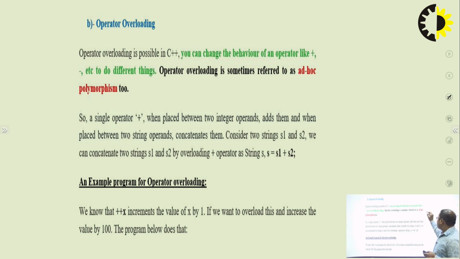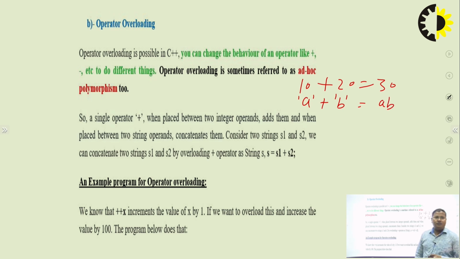Suppose I am using the plus in case of 10 and 20, then this operator will give the result 30. But if I am using strings a and b with the same operator, then concatenation of the strings will occur and the result will be ab.